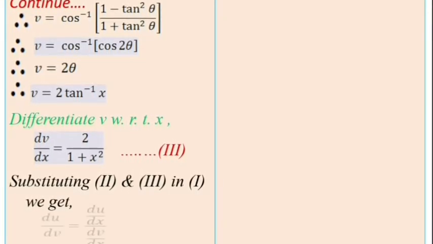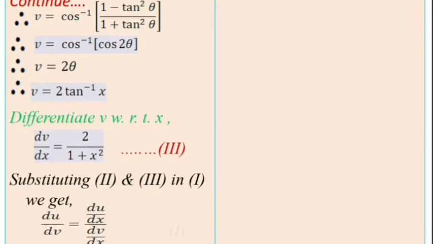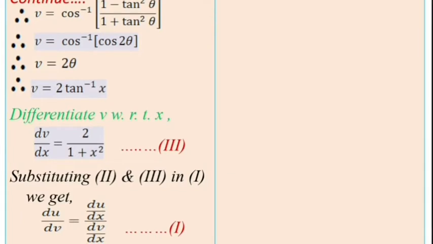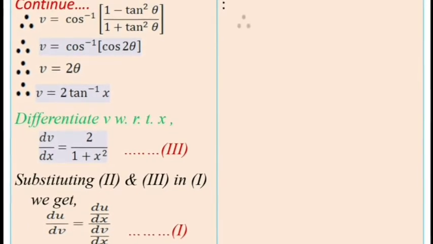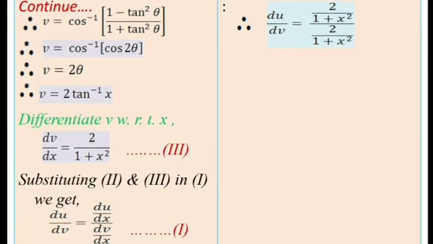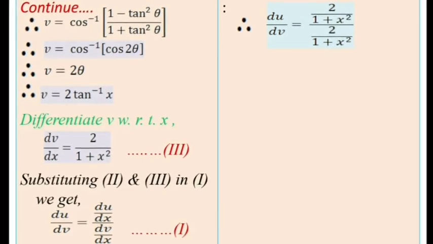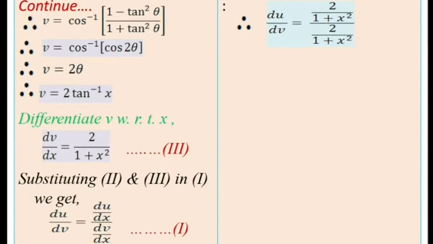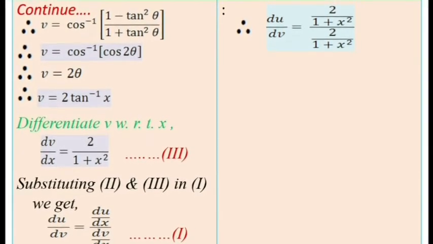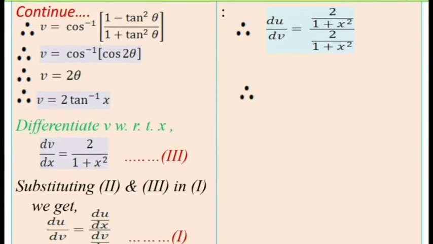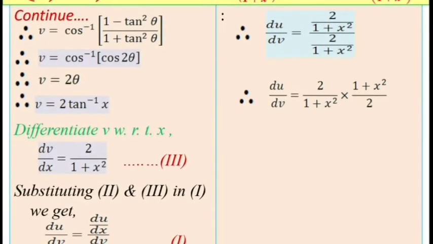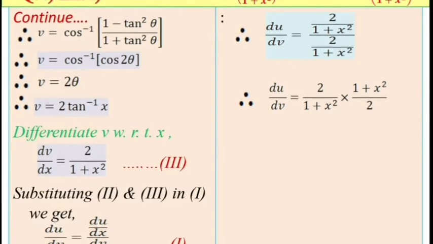We have already got the first equation, du by dv equal to du by dx upon dv by dx. So du by dv equals 2 upon 1 plus x square divided by 2 upon 1 plus x square. Here du by dx and dv by dx are the same, and therefore du by dv equals 2 upon 1 plus x square into 1 plus x square upon 2.